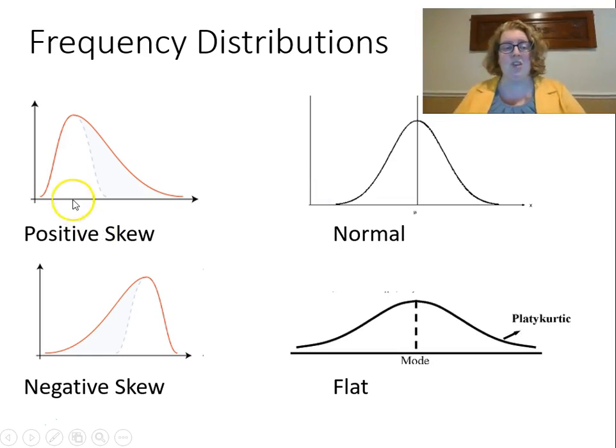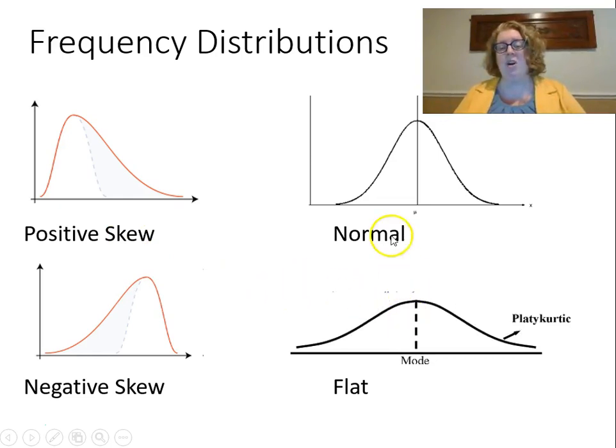In a positive skew, we have a lot of people right here in the middle at the highest level, but we have a lot more that scored higher than most students. And we kind of have the opposite here. The most students scored here, but then we have a lot of people who scored underneath that. We call a distribution that looks like this a positive skew because we have more area on this positive side. We call this one a negative skew because we have more people on this negative side.